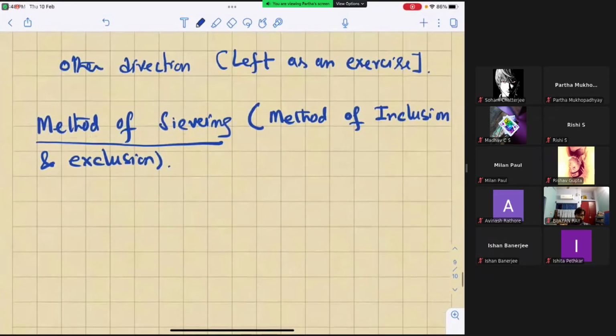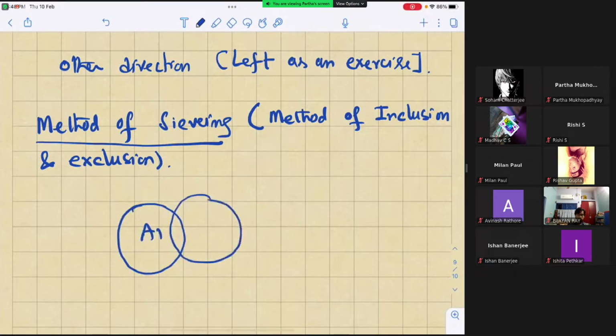Okay, so let's look at the method of sieving, which is also called the method of inclusion and exclusion. The basic problem is very simple.